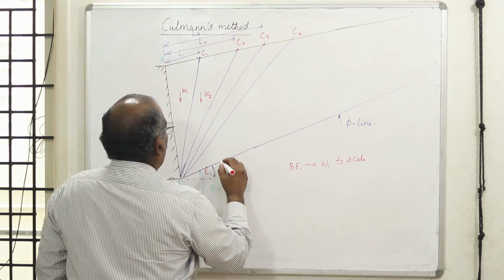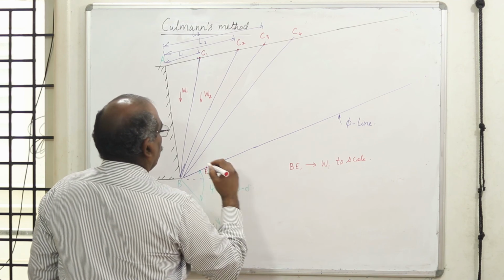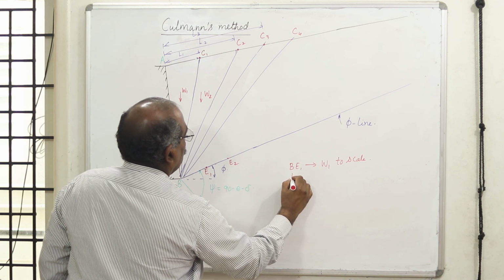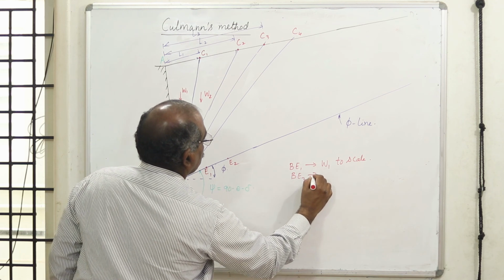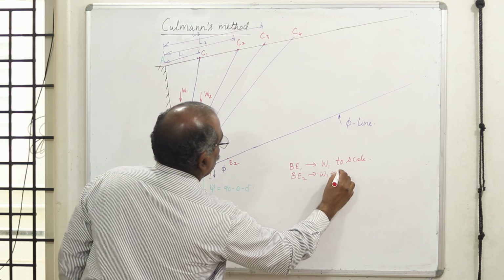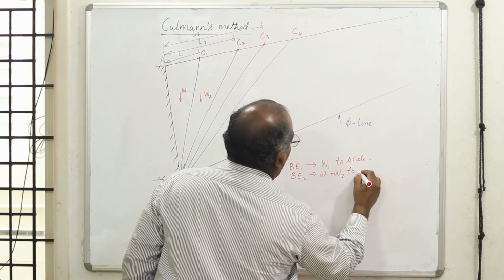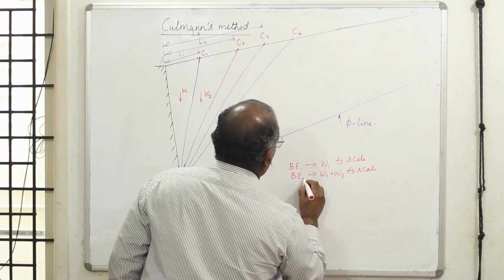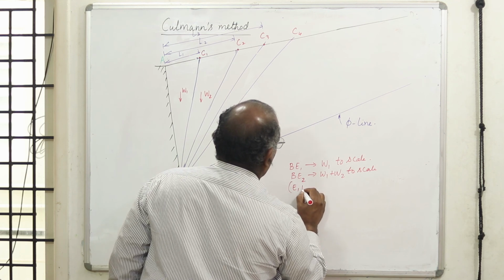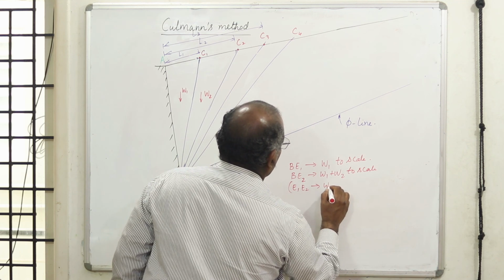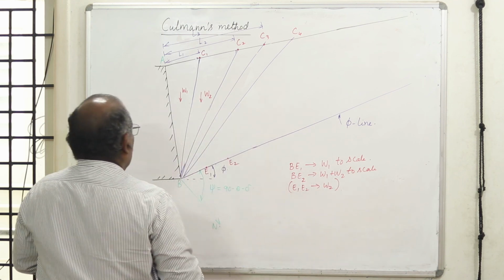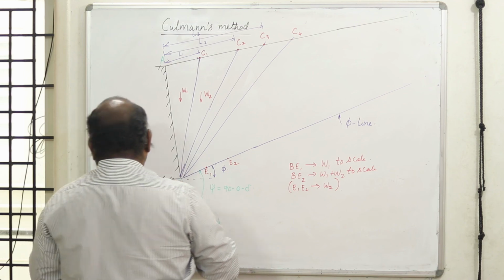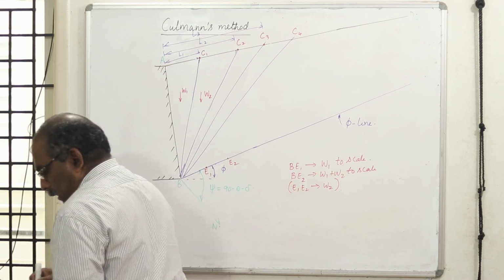Similarly, I can represent different points E2 where DE2 is representing W1 plus W2 to scale. Or in other words, E1E2 is representing W2.